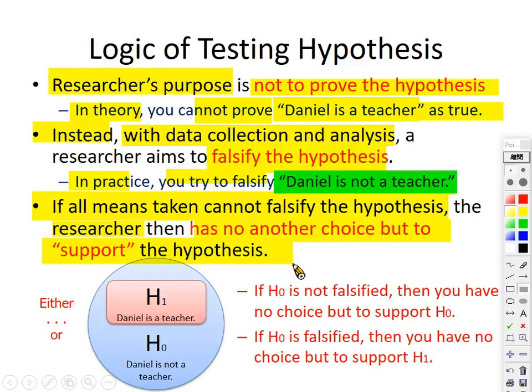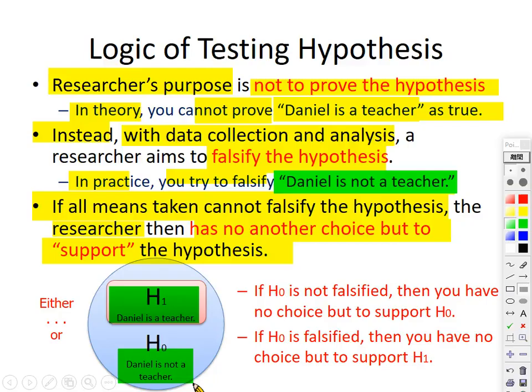Very simple. Let's look here. Our purpose here, we have a research hypothesis here. Daniel is a teacher, right? And then remember, we do not prove Daniel is a teacher. We try to falsify Daniel is not a teacher. So we collect data.